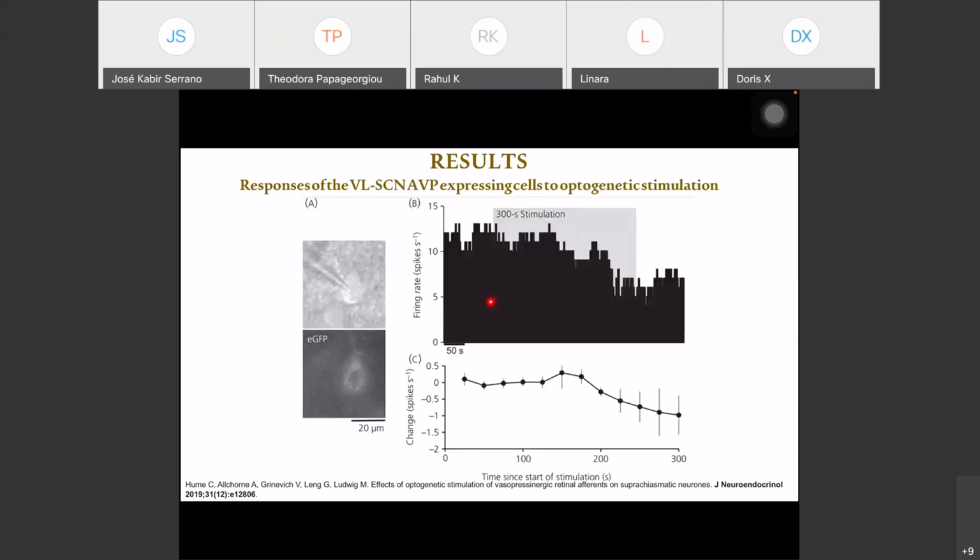And the authors had to accept the null hypothesis because they were looking for a response of the ventrolateral suprachiasmatic nucleus AVP expressing cells to optogenetic stimulation, and that didn't happen. After 300 second stimulation, there wasn't an increase in the spontaneous firing rate, and there was a decrease.